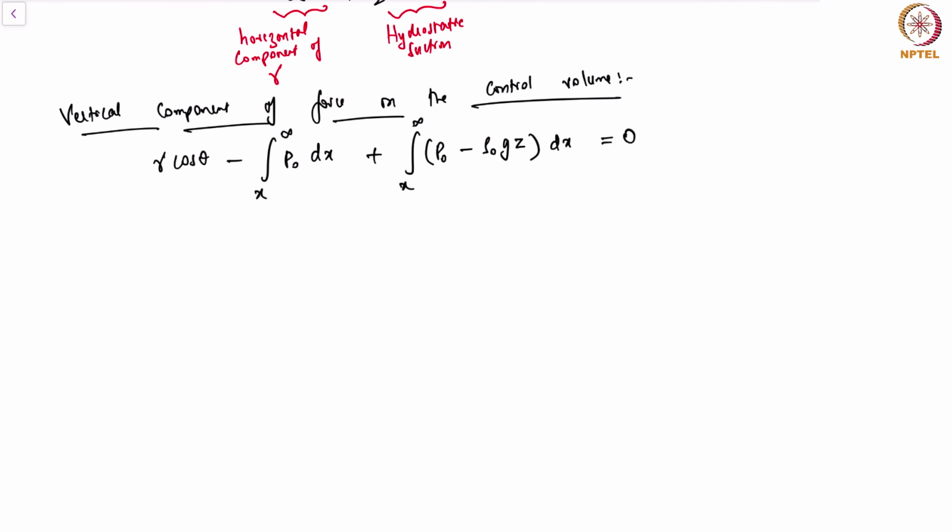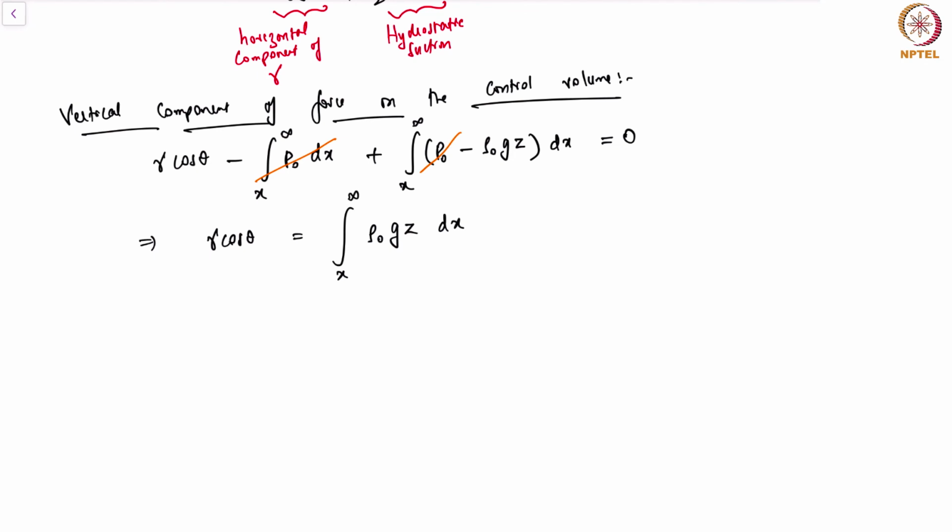This fellow will be 0, and again the atmospheric part directly cancels out, and what we simply have is gamma cos theta is equal to the integral of, if I take it to the right hand side, rho naught gz dx, where x goes from 0 to infinity.